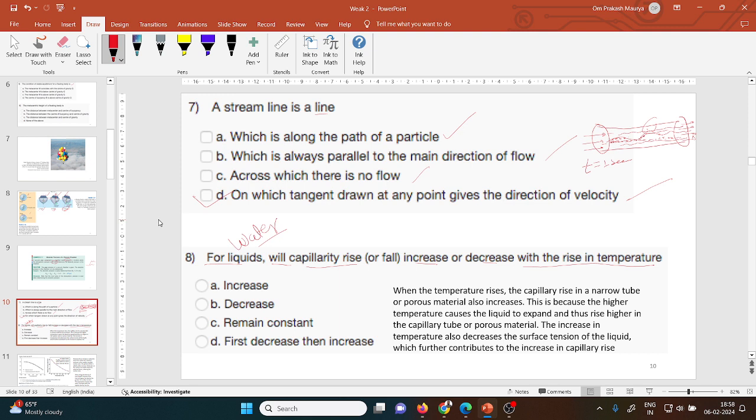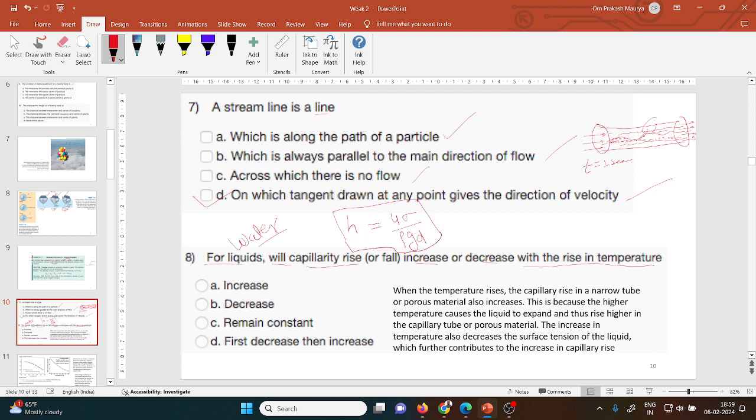You always remember one thing, as per the capillary rise formula, if you see, h is equal to 4 sigma by rho g d. For water I am writing here.